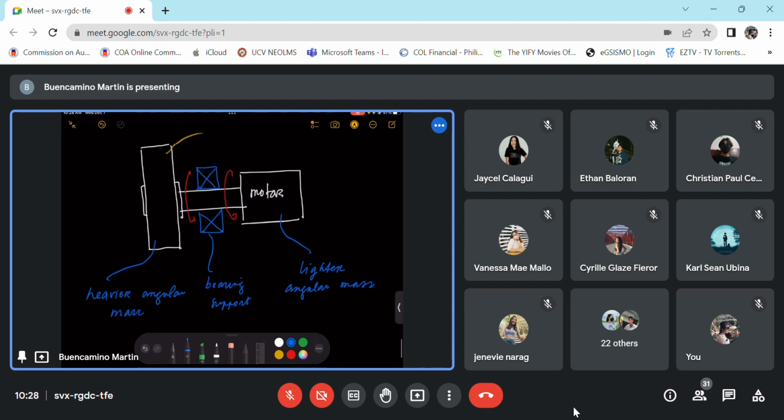So set aside muna natin kung ano yung magagawa ng motor, pero ang gusto kong ipaliwanag dito is ano ba yung magagawa ng flywheel na yan sa pag-ikot ng shaft dito sa motor.